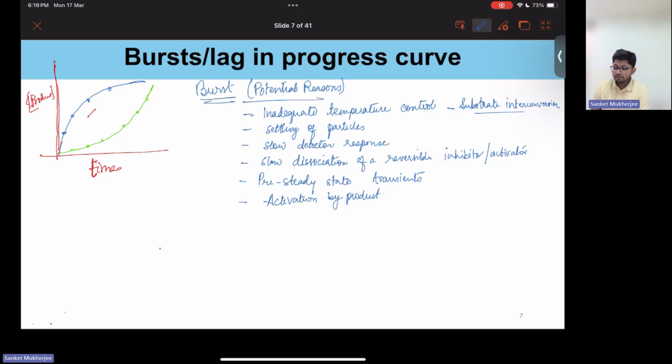So that is possible for both burst or lag. Okay, so lag is the one which is in green. So any of the reasons could be behind these. Initially, either the reaction proceeds too fast or too slow. So that's the main goal here.